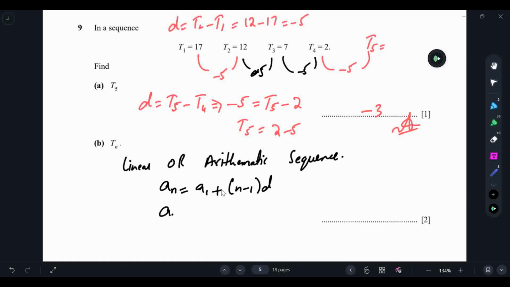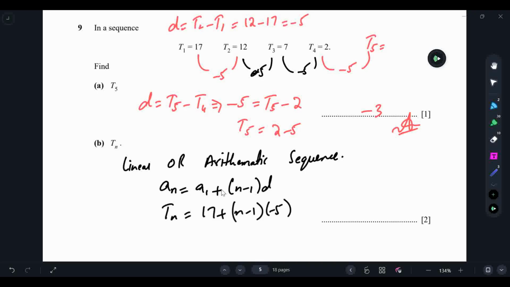Now we will use the term Tn because in the question they were representing it in this way. So Tn is equals to T1, which is 17, plus n minus 1 into the difference, which is minus 5.